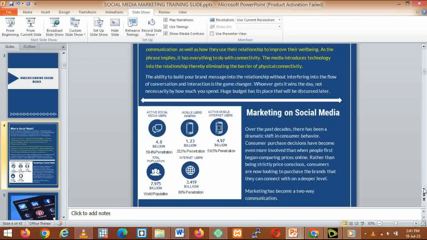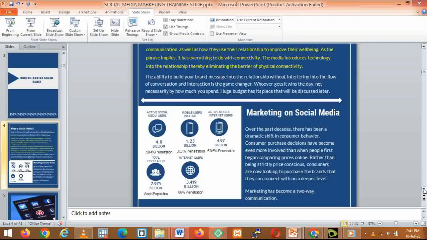And just in Nigeria alone, we have 1.2 billion mobile phones, smartphone mobile users, and that's about 33.3% of the Nigerian population. They are using smartphones. So you can see the depth of penetration.